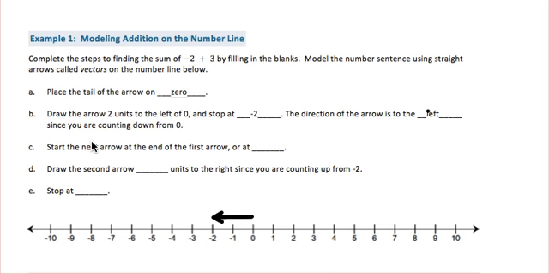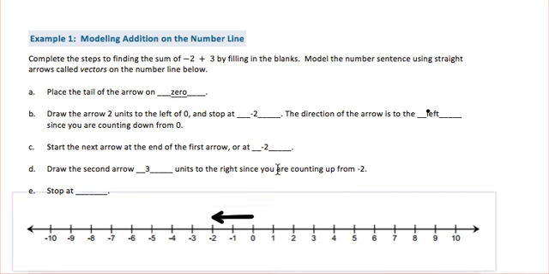Next, we'll start the next arrow at the end of the first arrow, or at -2. And we'll draw the second arrow, we're going +3, 3 units to the right, since you are counting up from -2.